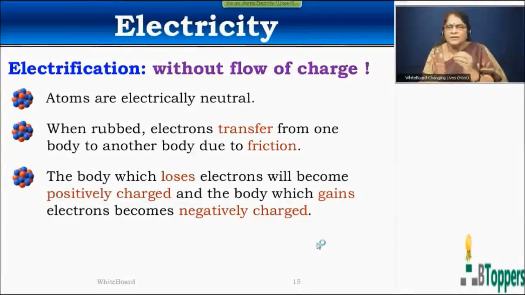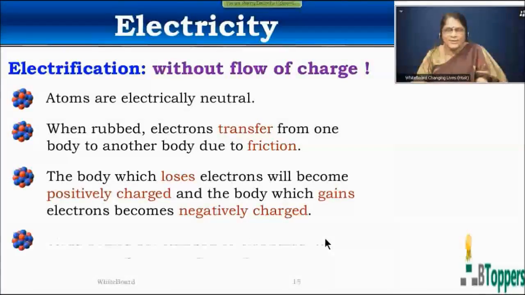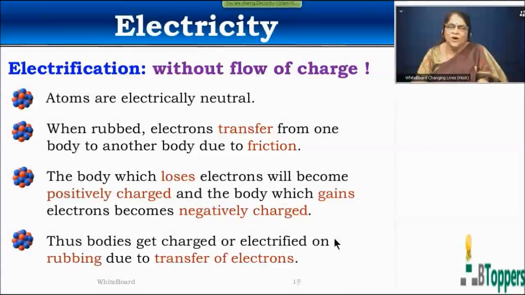Now the negative charges, that is electrons, have gone away. Therefore this becomes positively charged. Similarly, the body which is gaining the electrons becomes negatively charged because it is having more negative charges. Thus, bodies get charged or electrified on rubbing due to transfer of electrons. So here, transfer of electrons has happened, not flow of electrons.